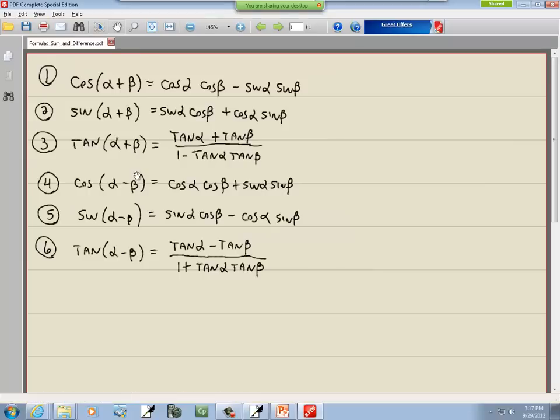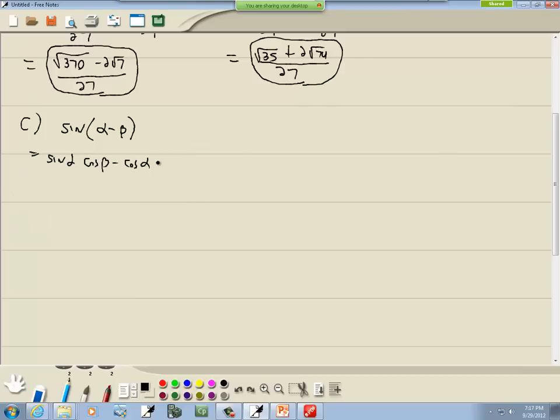Sine alpha minus beta, cosine alpha sine beta. Okay, so from our other page, we said sine alpha was square root of 74 over 9, and cosine beta was square root of 5 over 3, minus cosine alpha, which is square root of 7 over 9, times sine beta, which is negative 2/3.